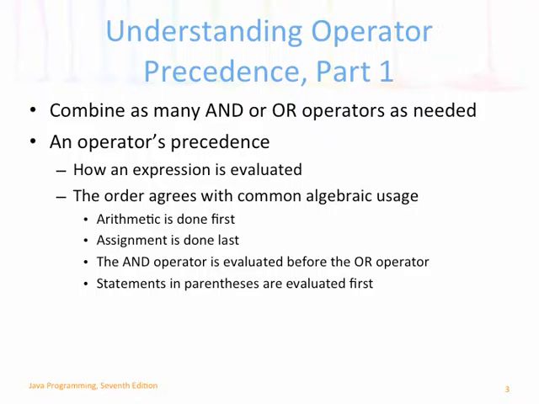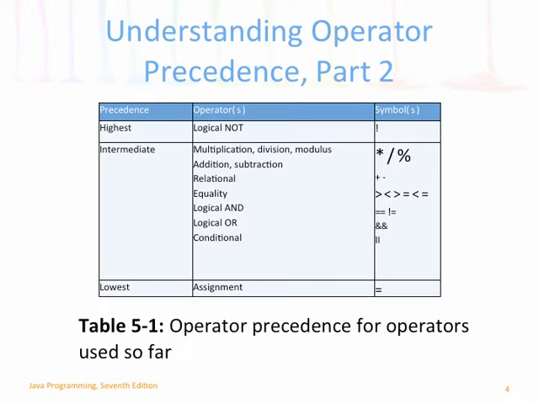It doesn't really make sense. We aren't allowed in Java to chain those together, and so there really is no order of operations for relational operators. Logic operators, the order of operations is not, and, or. And statements in parentheses, just like with math, are always evaluated first.